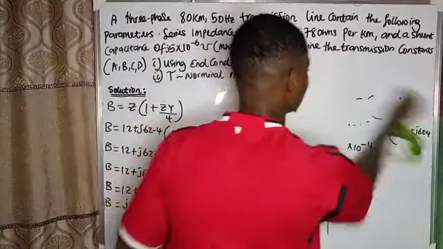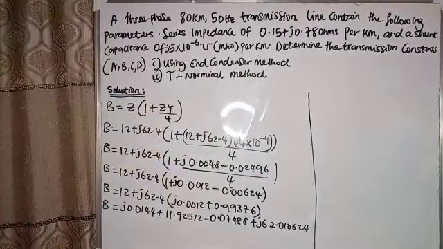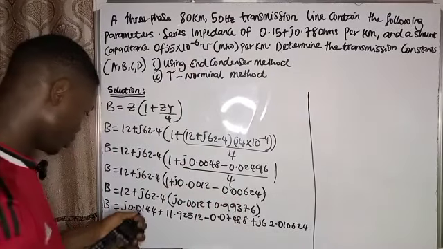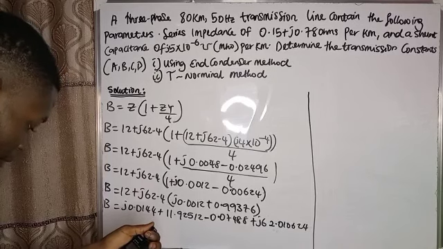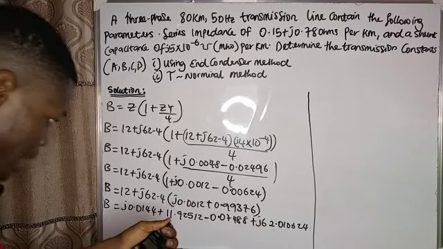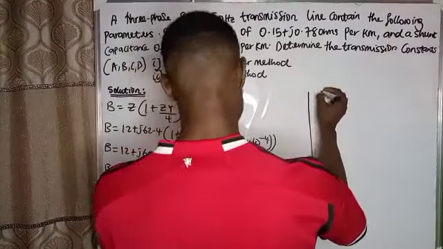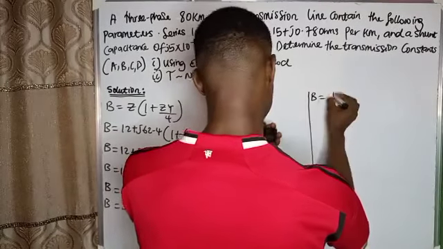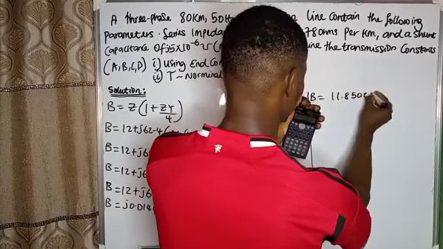Let me clean this side. So let me collect like terms. I'm going to have 11.92512 minus 0.07488, which gives me 11.85024.